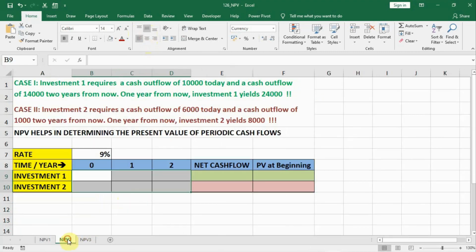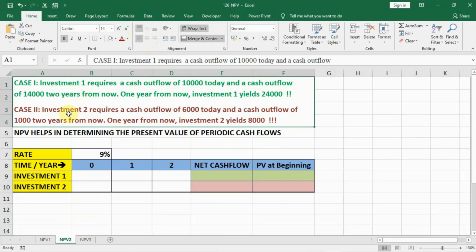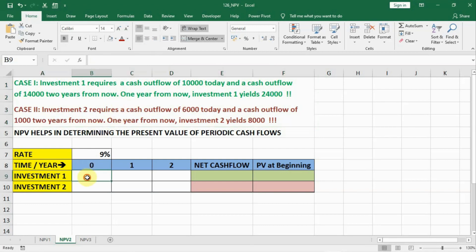Let us see another one, NPV2, another example here. There are two investments, investment 1 and investment 2. In the first case, the investment requires a cash outflow of 10,000 today, whereas the other investment requires a cash outflow of 6,000 today.